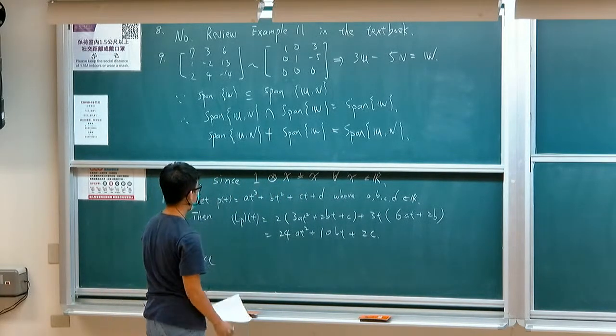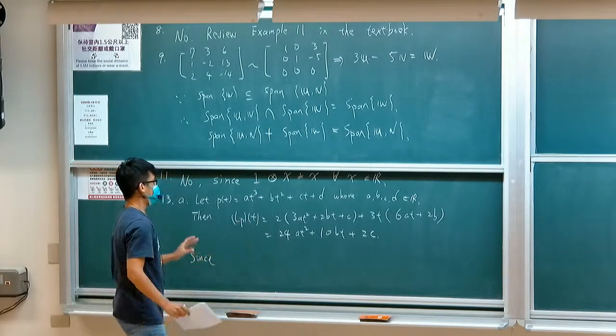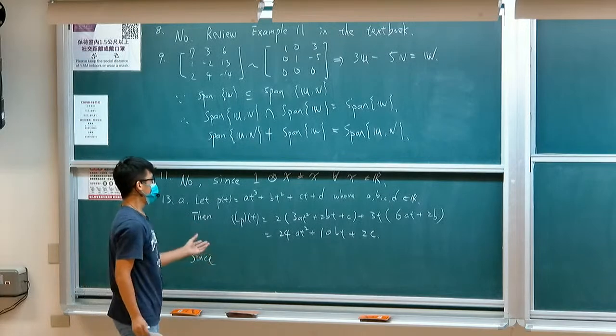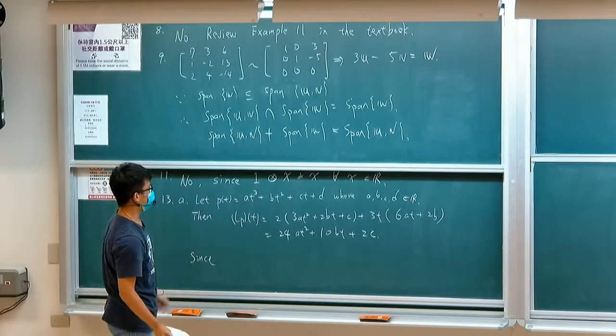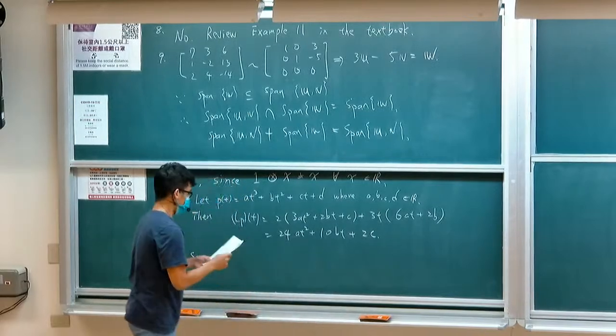We can see that if L of P of t is 0 for all t, the only condition is that a, b, c all need to be 0.